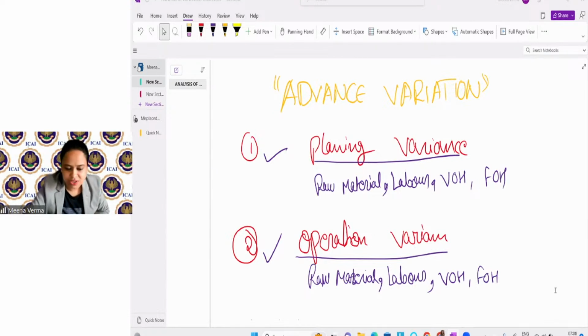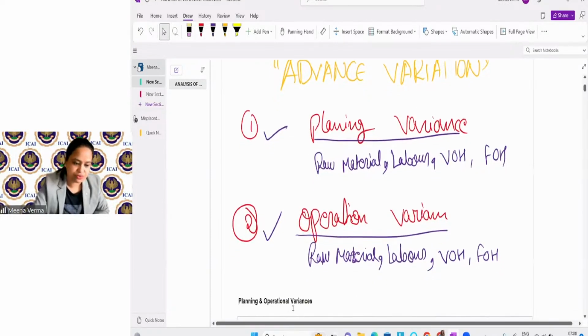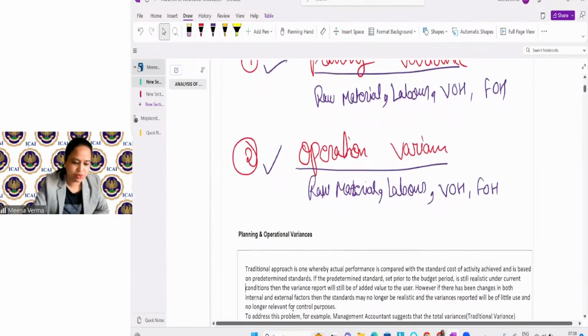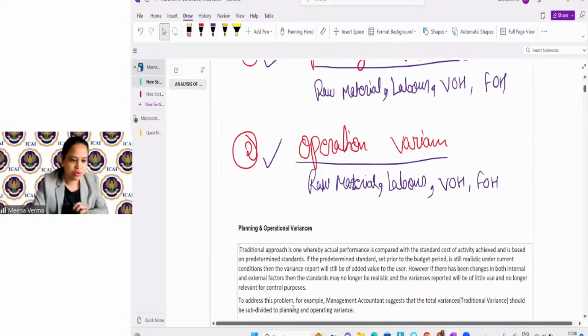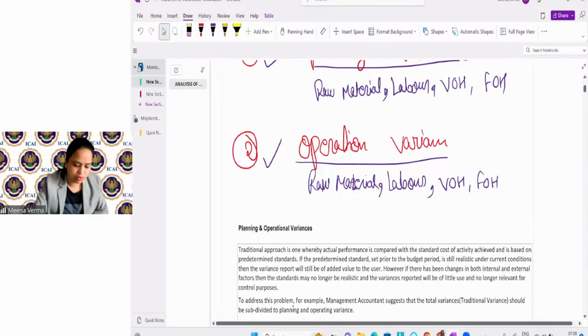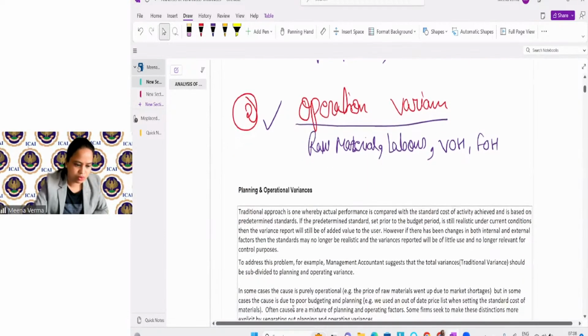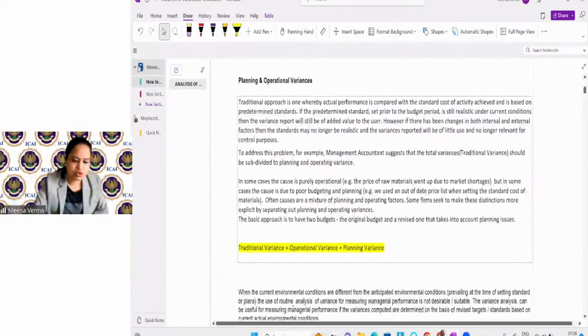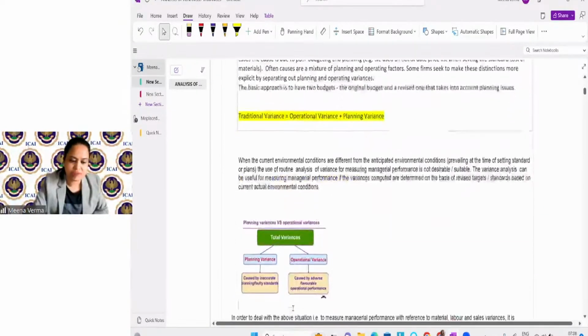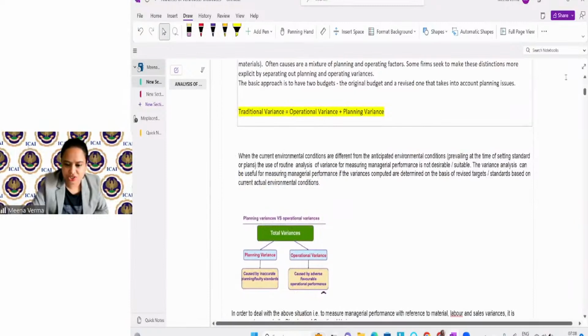Now the question comes here, if we find the planning and operational variation for everything, what is this planning and operational variation?